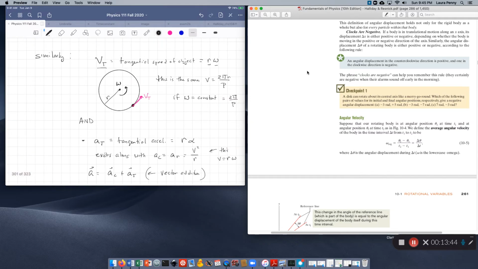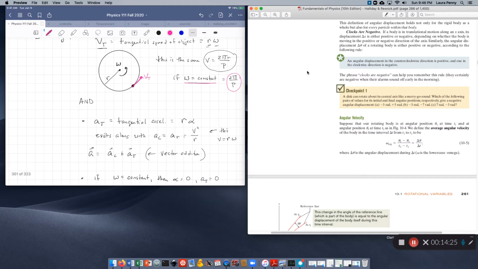If I want to know the actual speed, I multiply r times the angular speed, and I get the tangential speed. This is the same as v. We used to say that v was 2 pi r over T if omega is constant, so that it's actually equal to 2 pi over T, which is what omega would be equal to. T is the time it takes to go one time around. It's the period, and then 2 pi would be the angle of going one time around.